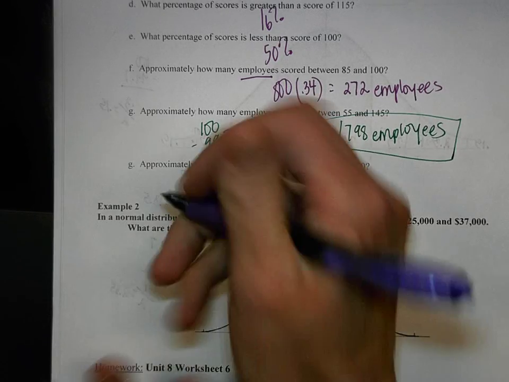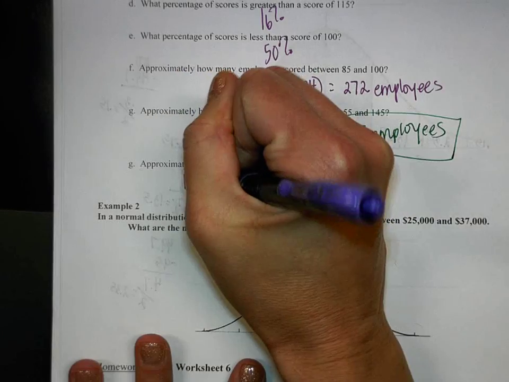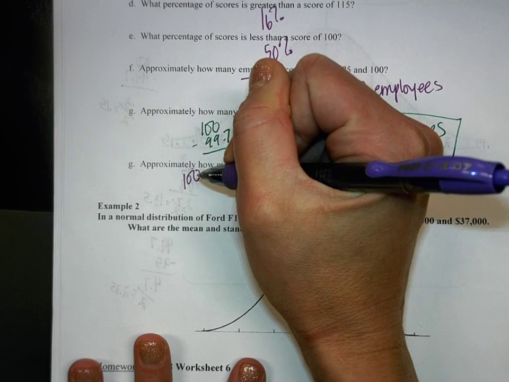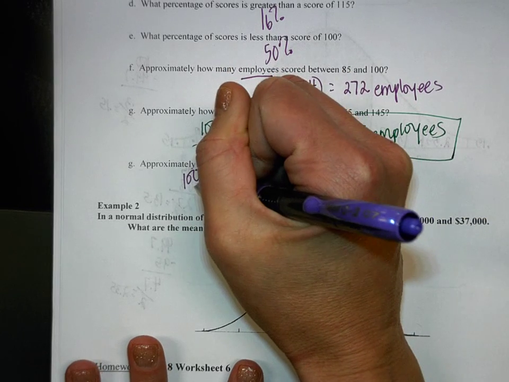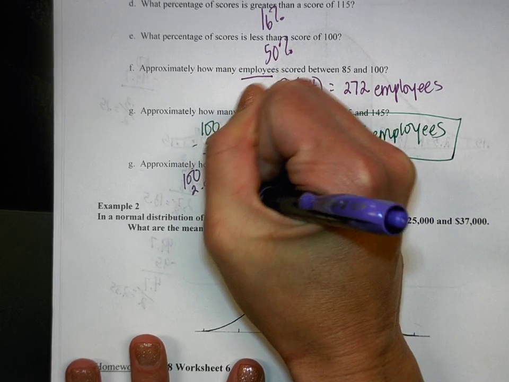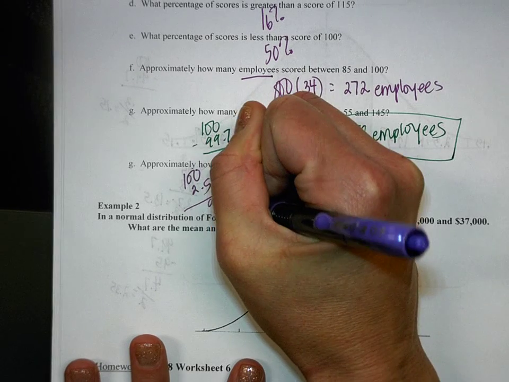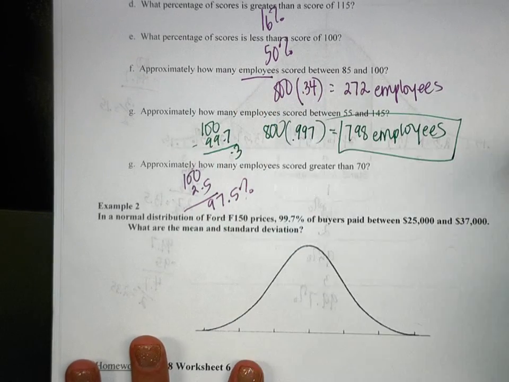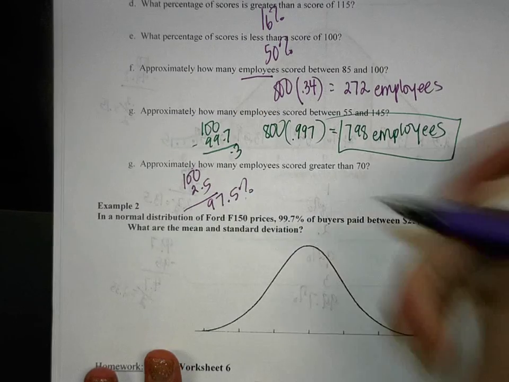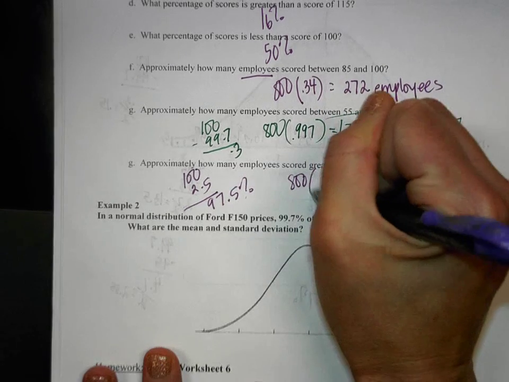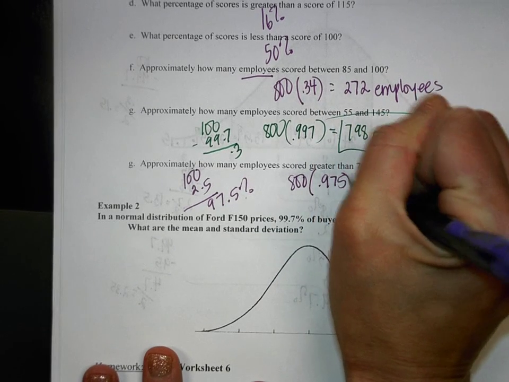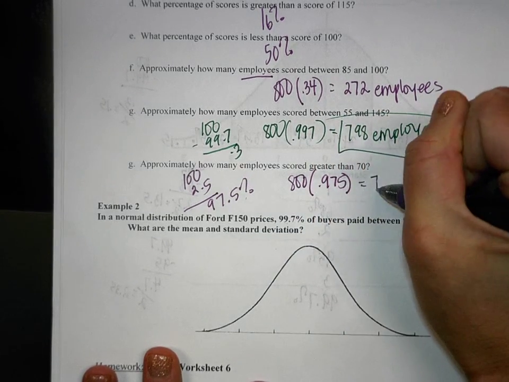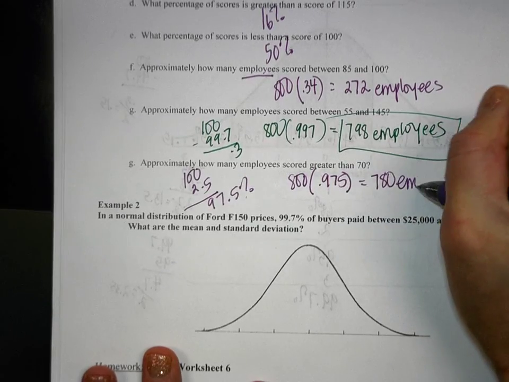And when you added those 2 decimal places, it was 2.5. Does that sound right? Okay, good. And 100 minus 2.5 is 97.5%. Okay, so 800 times 0.975 equals 780 employees.